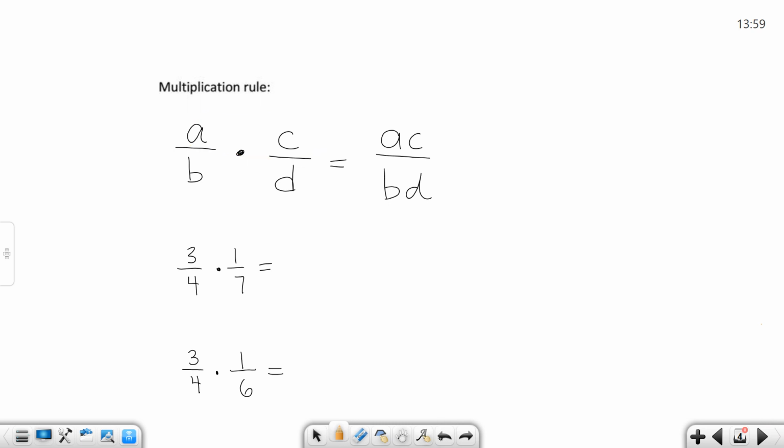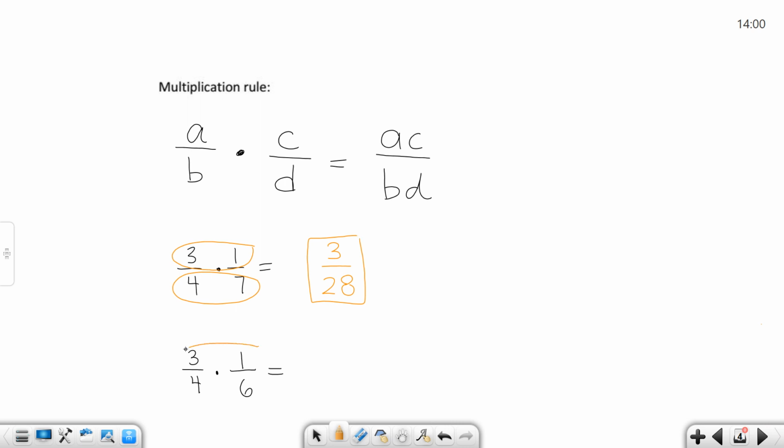So if we take this first one here and I multiply those out, I get 3 times 1. And if I multiply this one out, I get 4 times 7. And that's my full answer. It doesn't simplify anymore because 3 and 28 do not contain any common factors, and so you can leave it as 3/28.